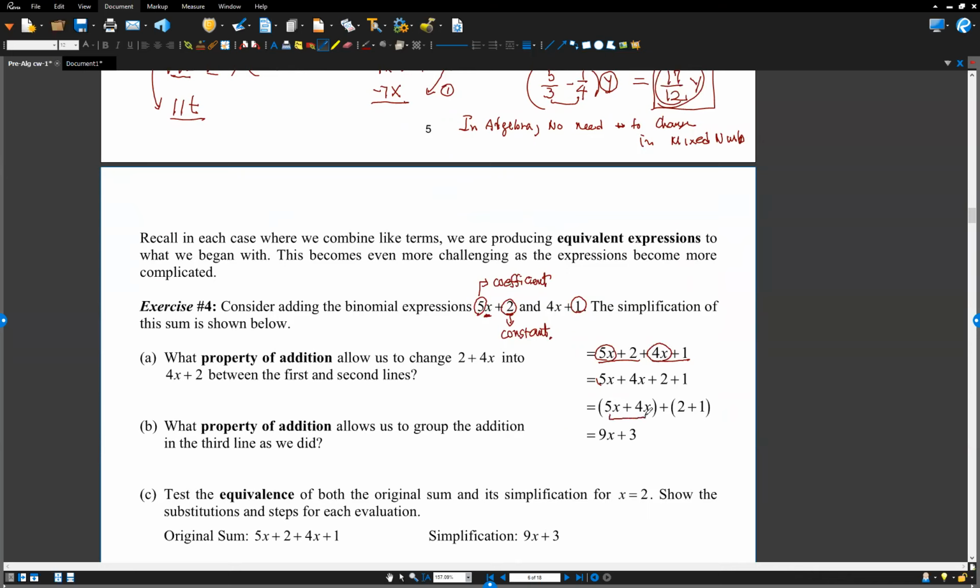Just like that, we combine like terms. We have another like terms, the constants, 2 and 1. Simplify: 9x, and 2 plus 1 is 3. That's it, that's enough.